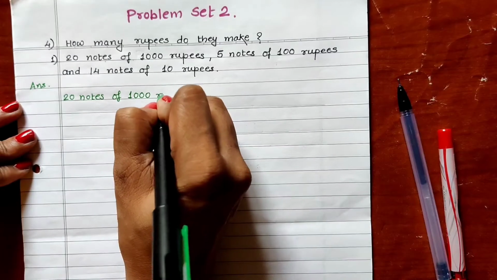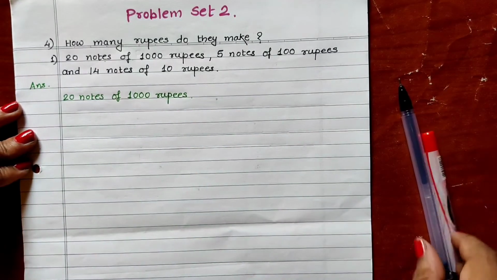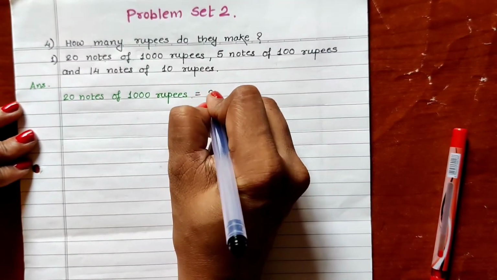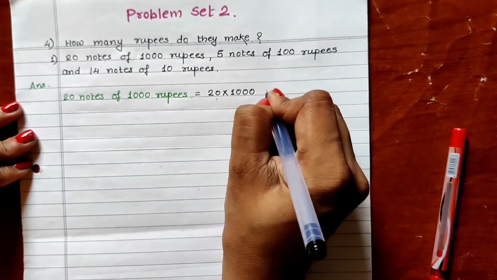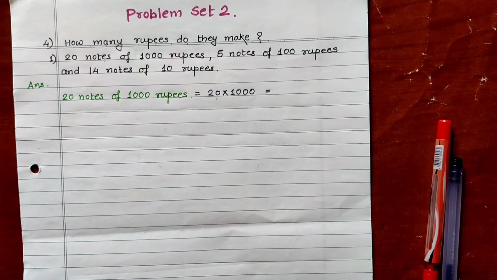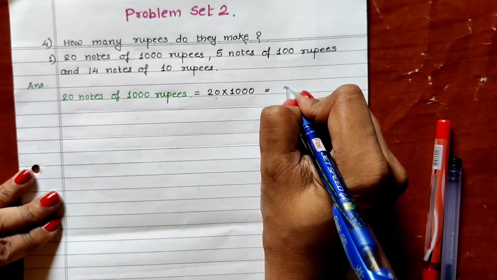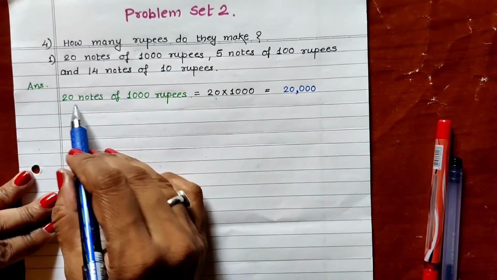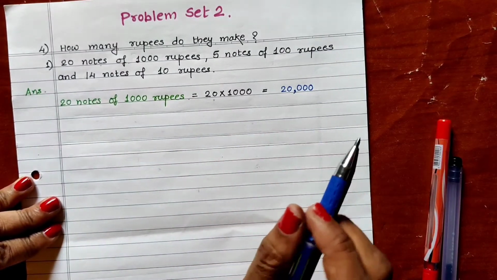Together they make 20 into 1000. What is 20 into 1000? It will be 20,000. 20 notes of 1000 rupees means 20 into 1000 equal to 20,000.